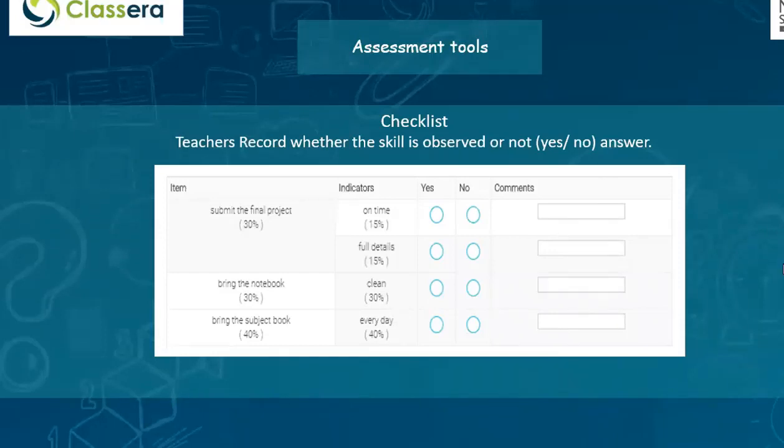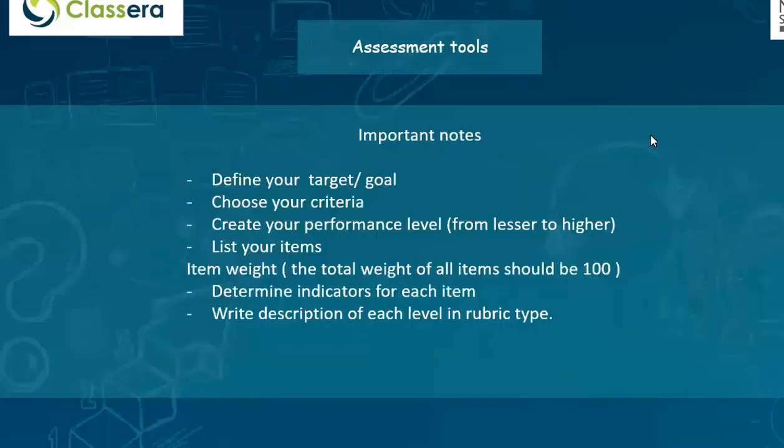Let's move to the next part. Before going to the practical part, let's review some important notes. When you're building assessment tools, you have to define your target and goals, and of course, state your learning objectives in your school, in your educational center.